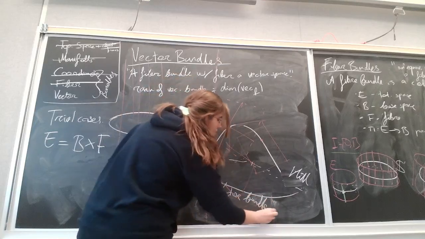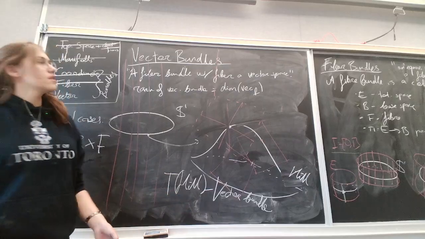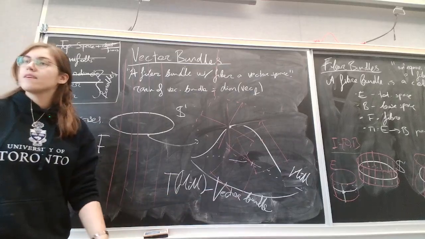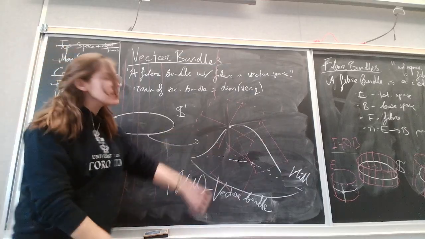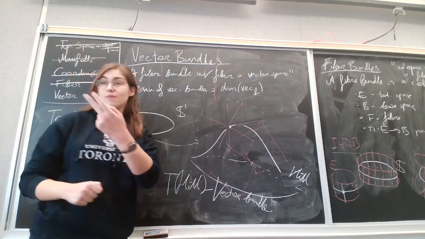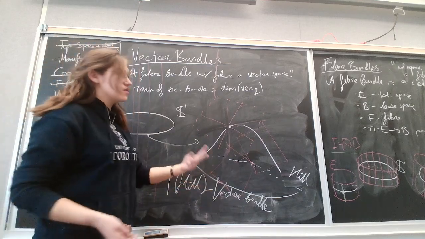Now in this case, what's the rank of the vector bundle? So at every point, the vector space we stick to it is two-dimensional. So the rank of the vector bundle is 2.